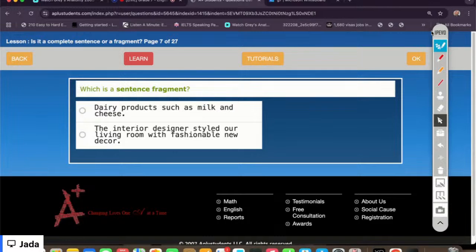So, which is the sentence fragment? Dairy products such as milk and cheese is the sentence fragment.